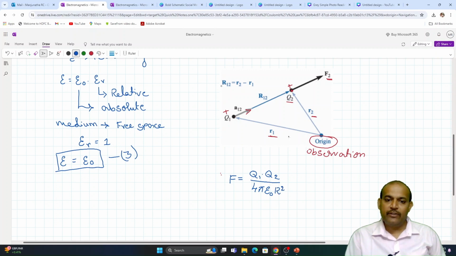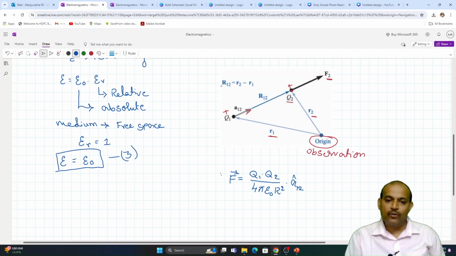This only gives the magnitude of the force. If I want the vector, then vector F is equal to q1 q2 by 4 pi epsilon r square into the unit vector a_R. Since it is from 1 to 2, I will write it as the unit vector from 1 to 2.